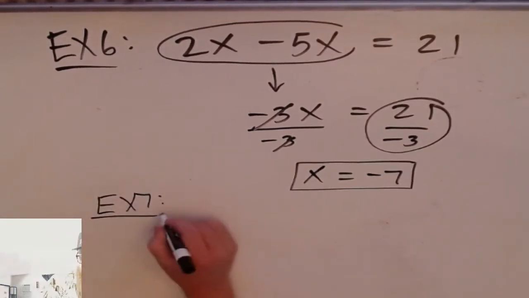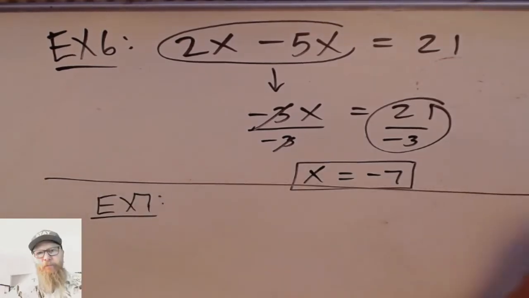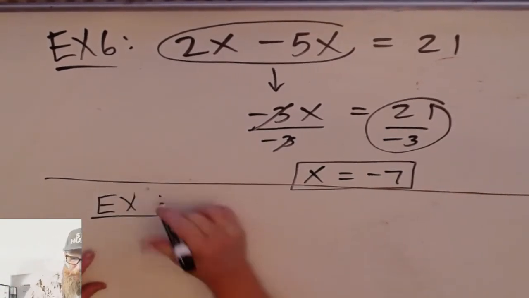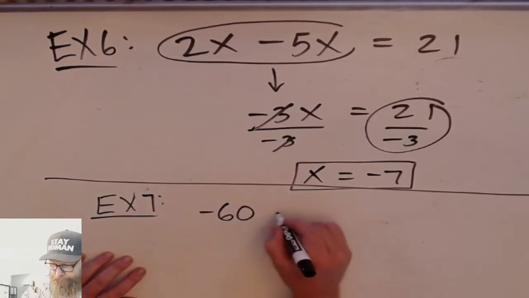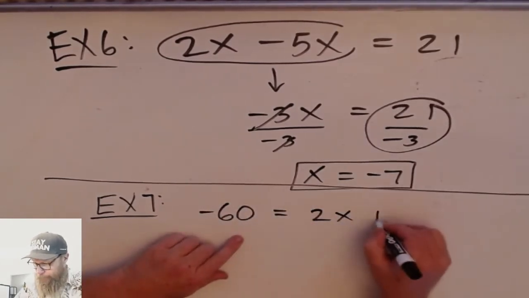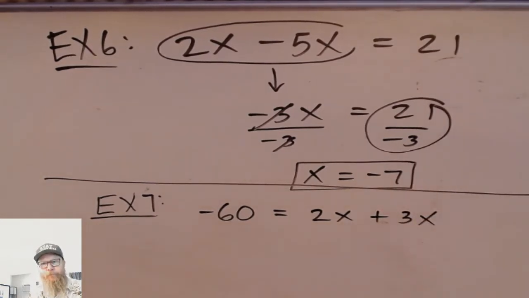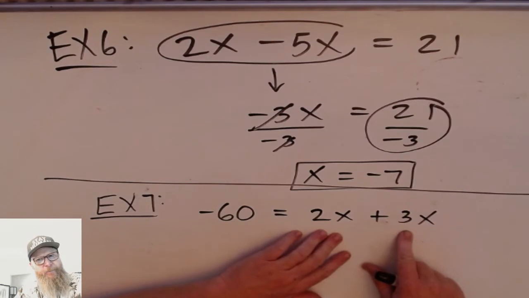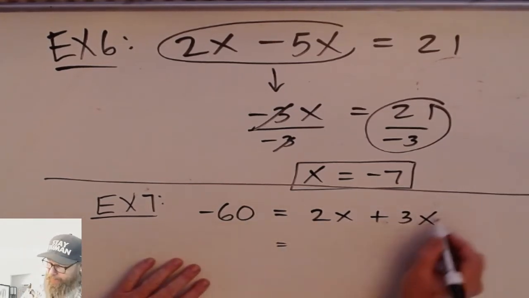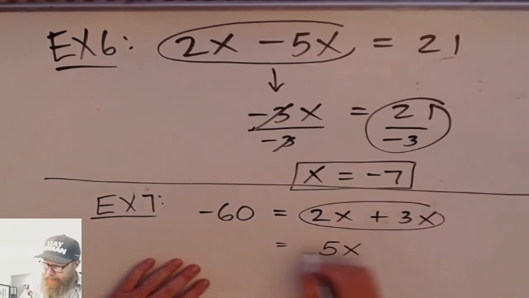Let's try to squeeze another one in here. All right, this time our variable is on the right-hand side. Combine those together. 2x plus 3x is 5x.